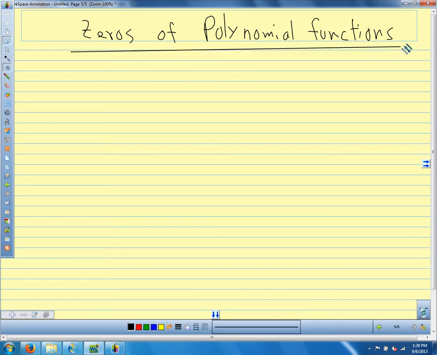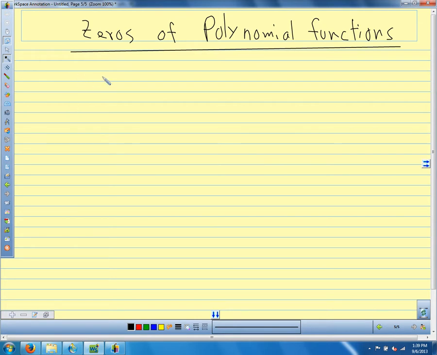We talked about finding the zeros. We talked about finding the x-intercepts. We talked about finding the solutions. And I also mentioned factors of polynomials. All of those things are related.